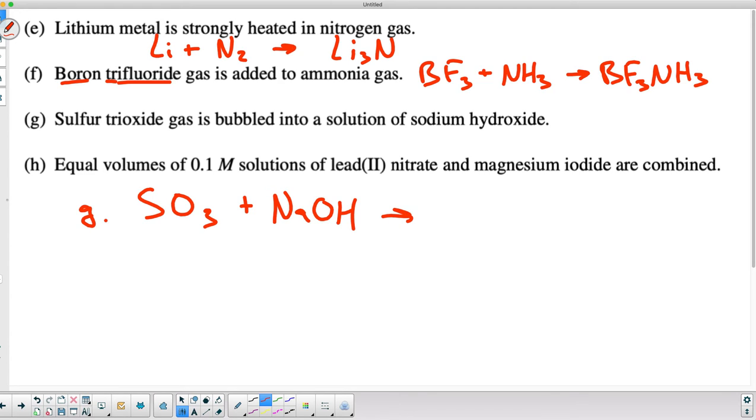What happens on the other side? This is clearly going to have issues of oxygen, and it looks like if I have two hydroxides like this, and one of those oxygens goes here, that's going to give me an SO4 with a -2.